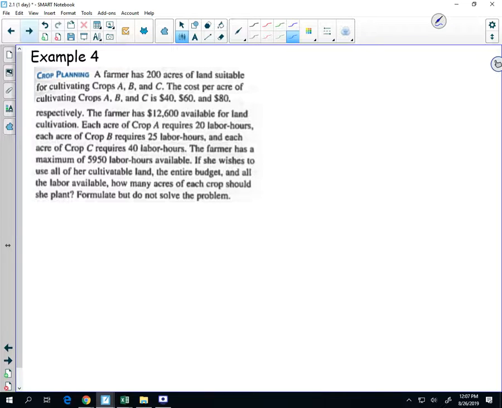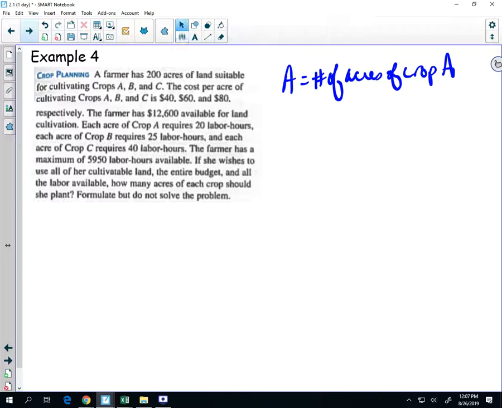Formulate, but do not solve the problem. So see if you can come up with your 3 equations using A for the number of acres of crop A and so forth. And we'll start here in class, okay? Eventually, we're going to be solving problems like this.